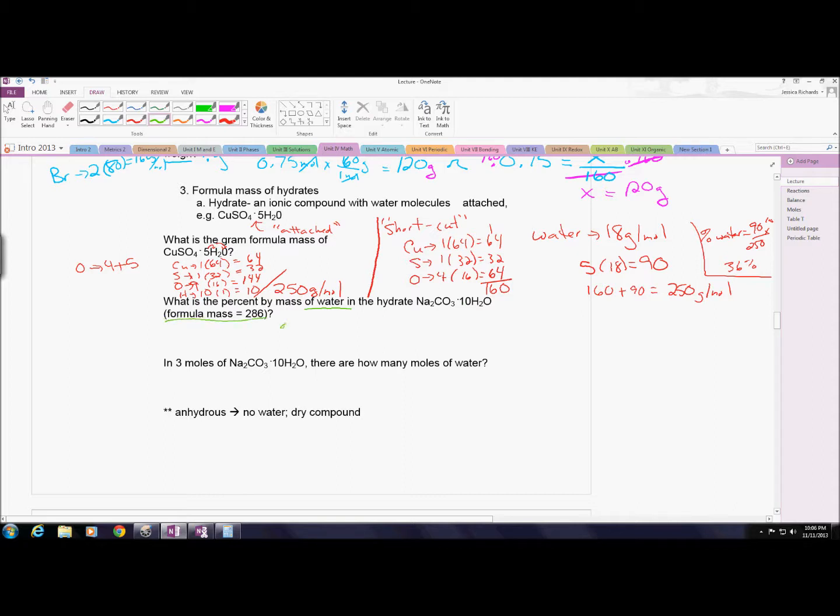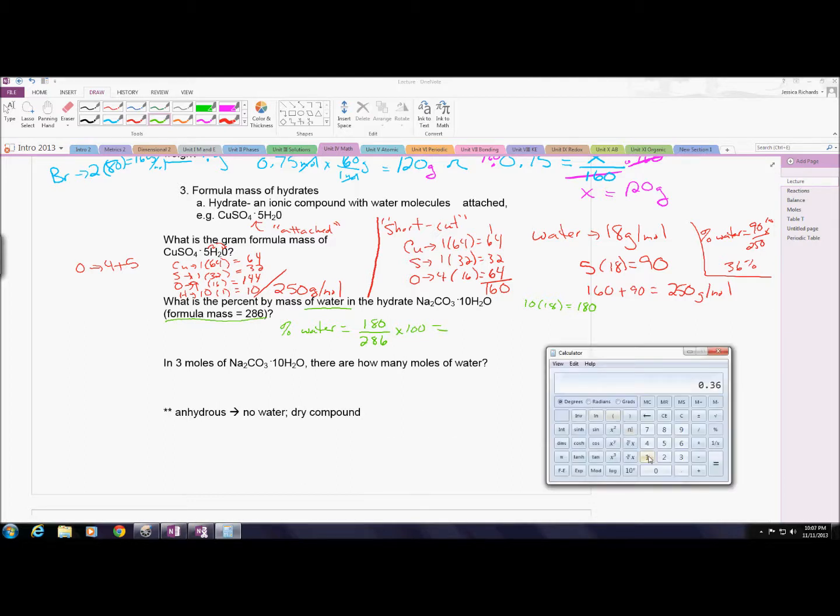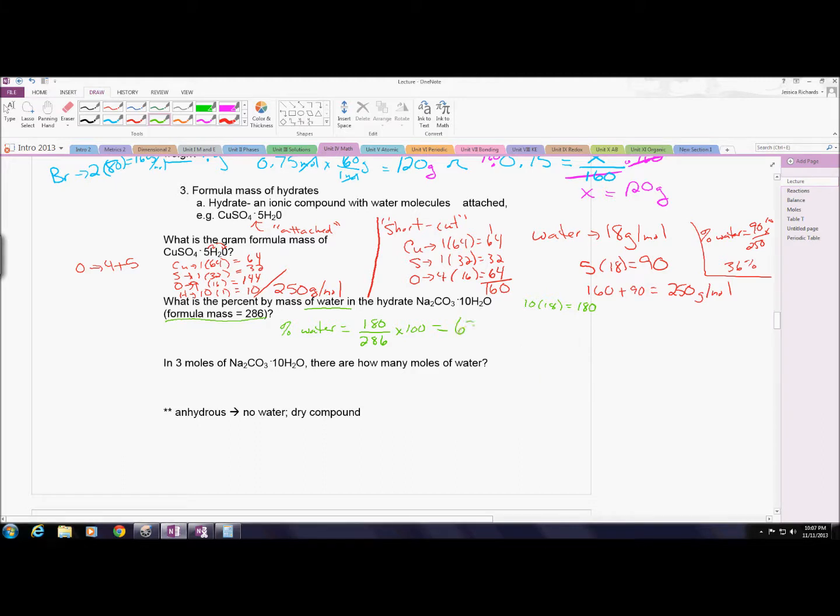So if I want to know the percent that's water, I can say, shortcut-wise, well, I have 10 waters at 18 grams apiece. That's 180 grams. So I can put the 180 out of the 286 and very quickly figure out what my percent of water is. 180 divided by 286 times 100 is going to give me 62.9% water by mass.